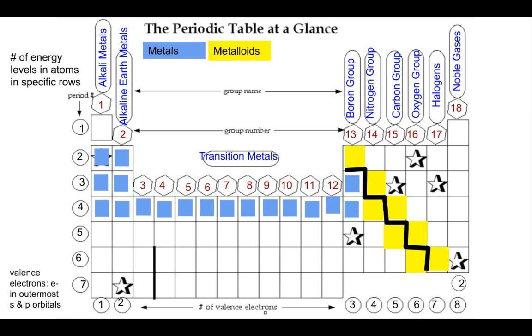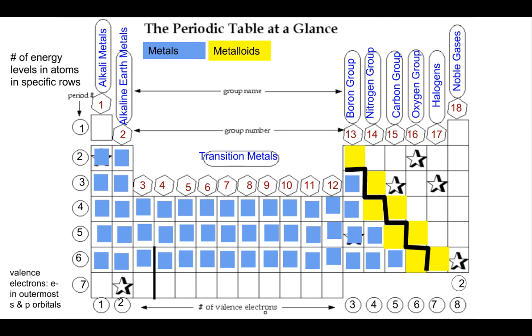Either way, but don't feel like you have to do that. It's just easier on the computer. And so we have all, or most of row 5, much of row 6, and a lot of row 7. All right, so those are all the metals. And if you look in here, you'll see there's gold and silver and platinum and tin and zinc. So all of those are in here, and you should recognize those as metals.